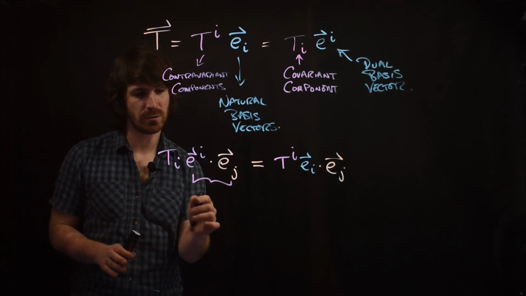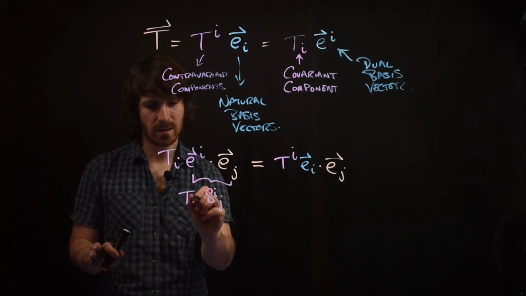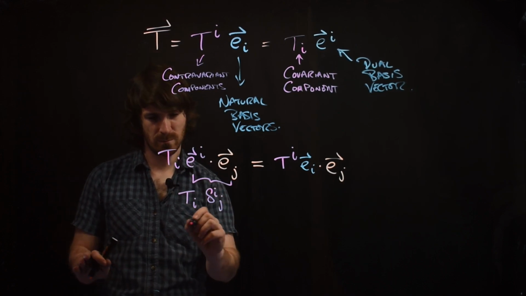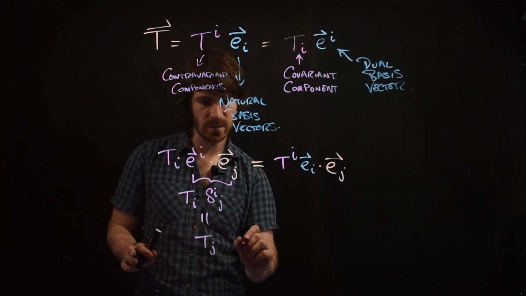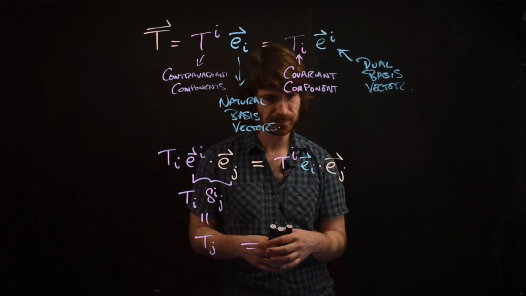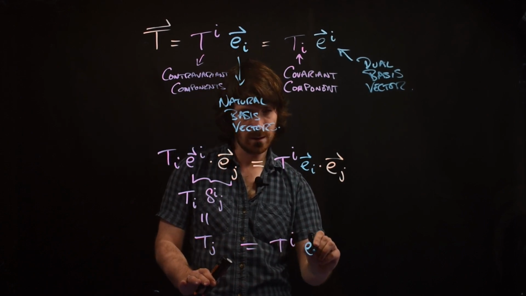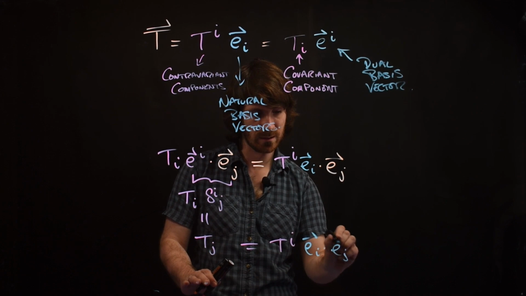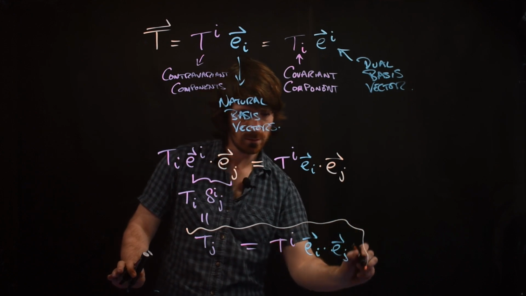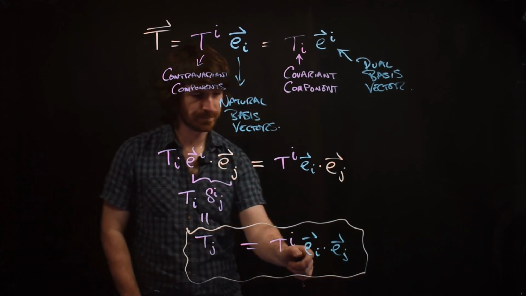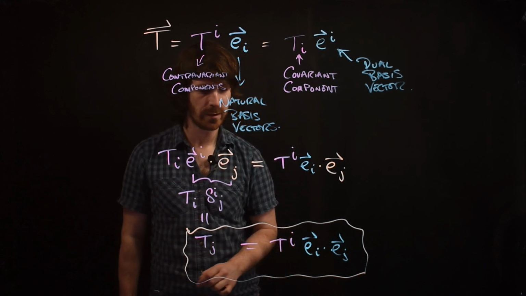From the definition of our dual vectors, this is delta^i_j. So the left-hand side is t_i delta^i_j, which is just equal to t_j. And this equals t^i e_i dot e_j. So if we know our natural basis vectors and a contravariant component, then we can work out the covariant component.